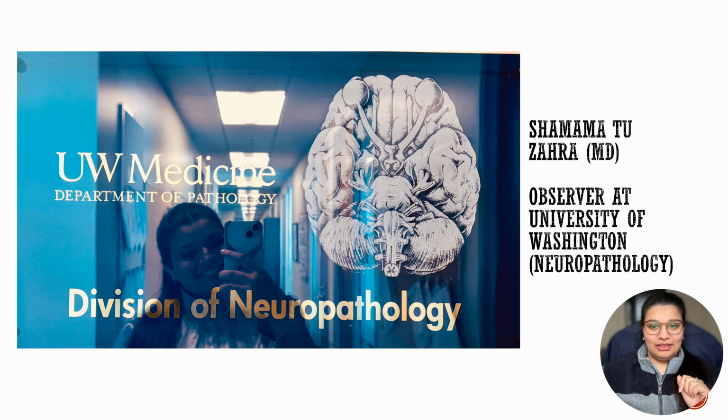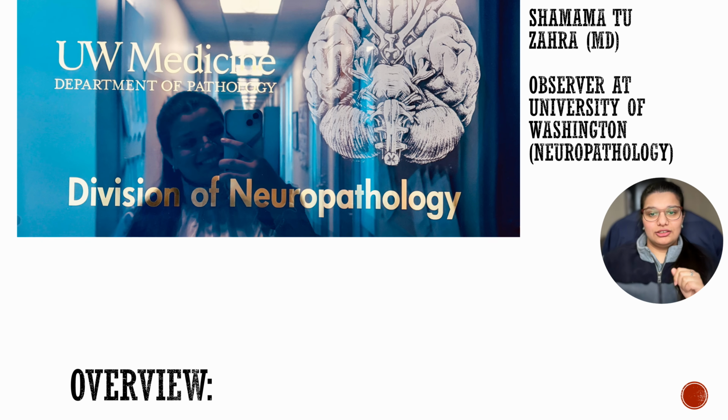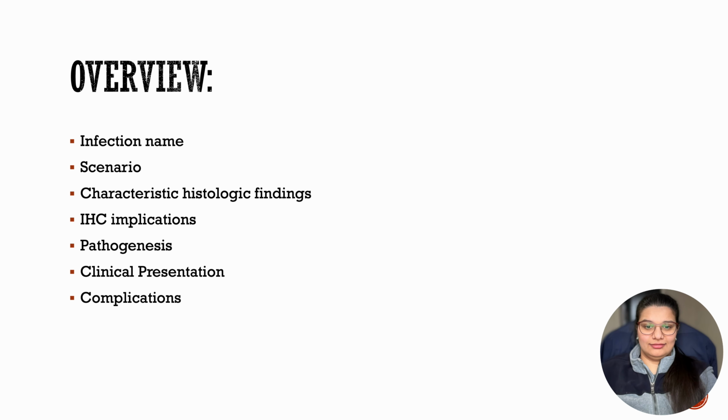So this is going to be our second video. In this video we will discuss the whole infection, starting with the name of the infection. Then I will give an arbitrary scenario of how that infection most commonly presents.